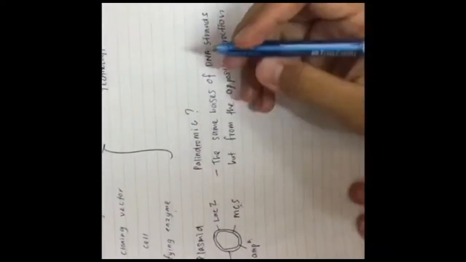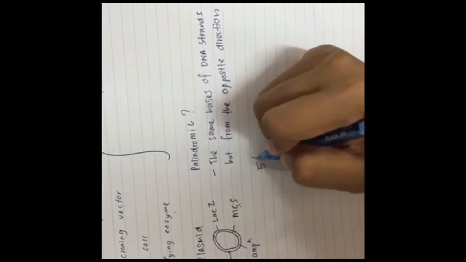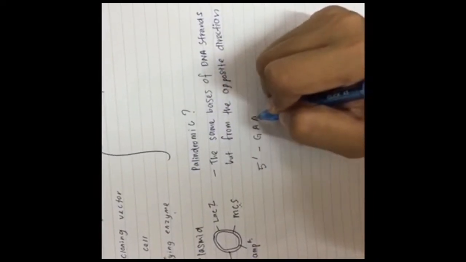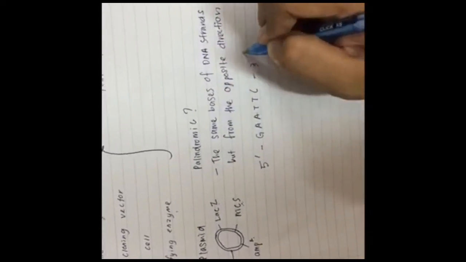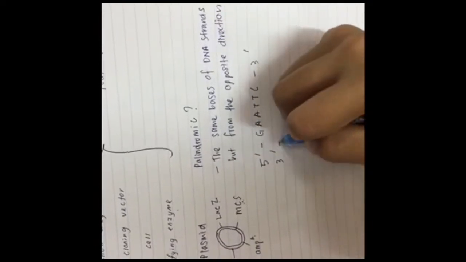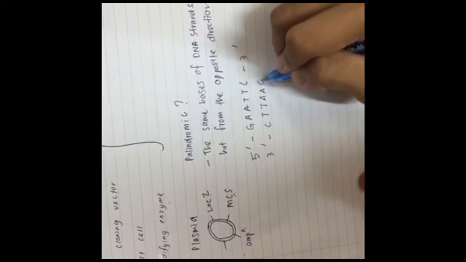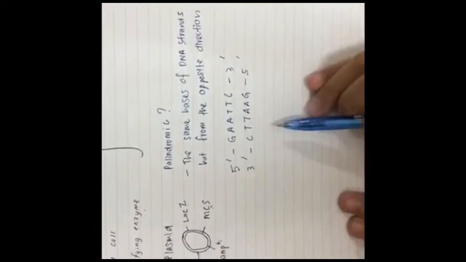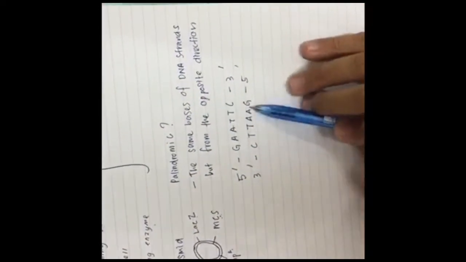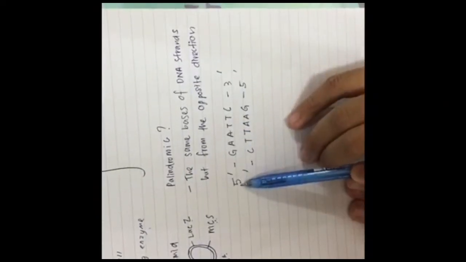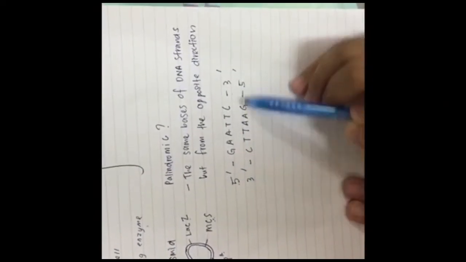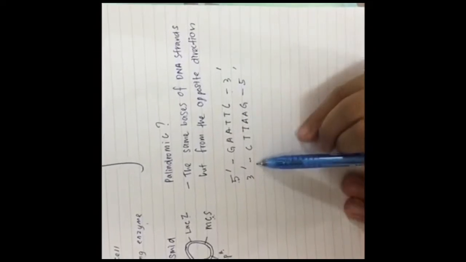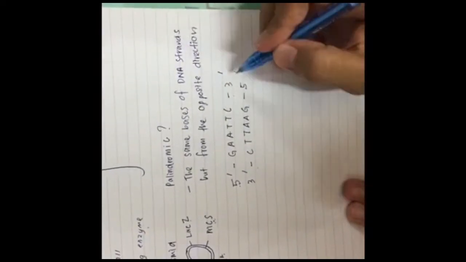For example, this we call palindromic, because this is the DNA strand, and from the opposite direction it also has the same bases. So this is the palindromic.